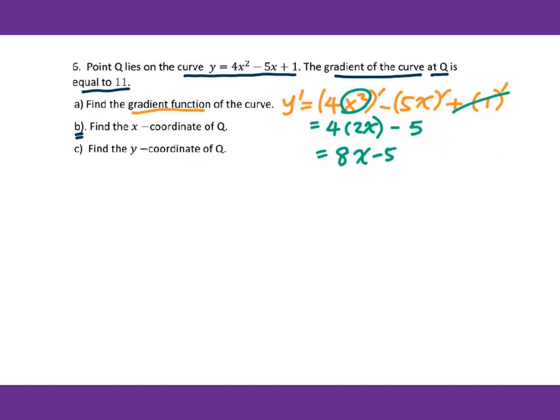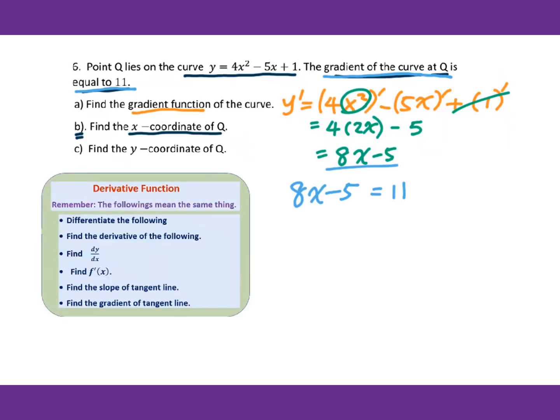For B, find the x coordinate of Q. From the given information, the gradient of the curve at Q is equal to 11. So we will set this derivative function 8x minus 5 equals 11. Remember, the gradient of a tangent line is the derivative.